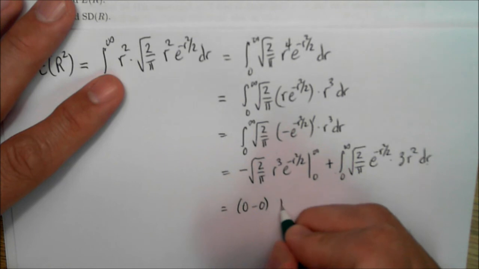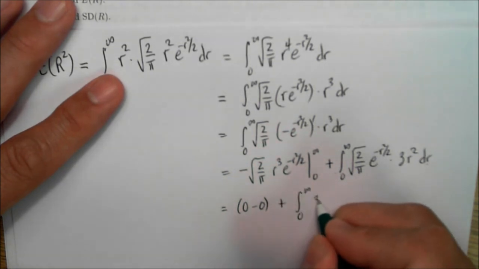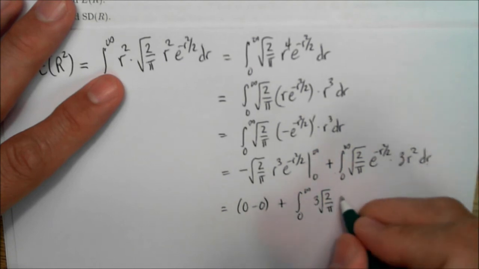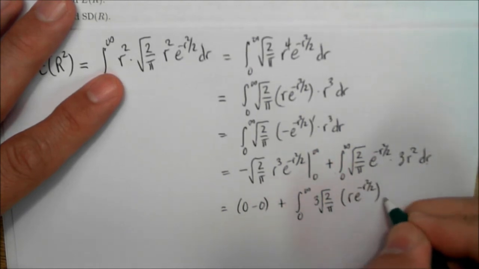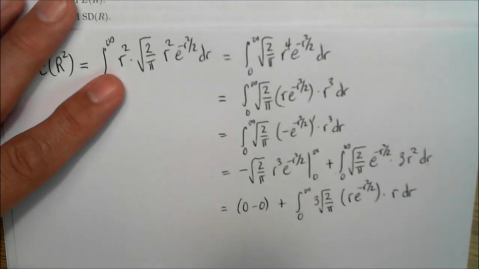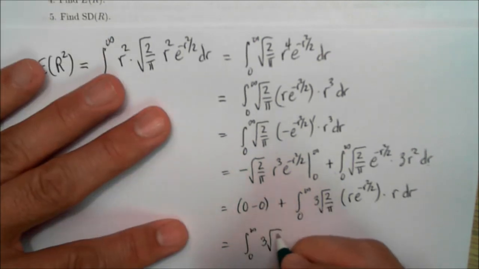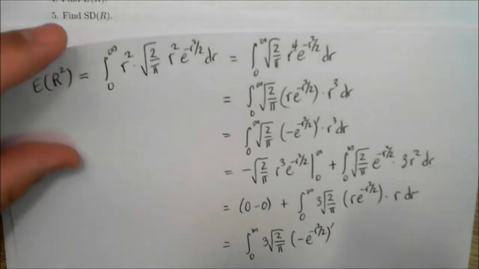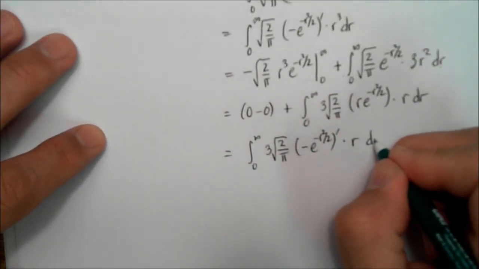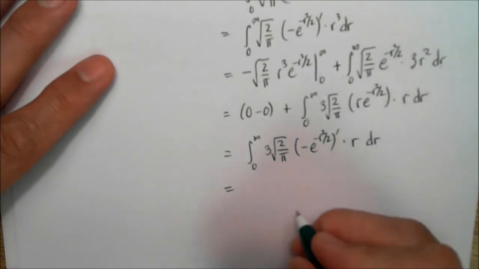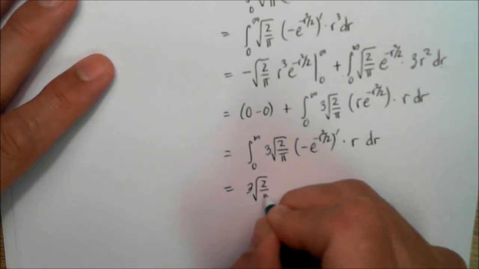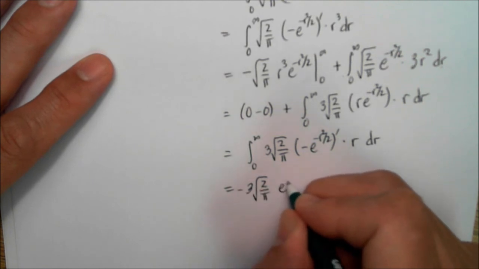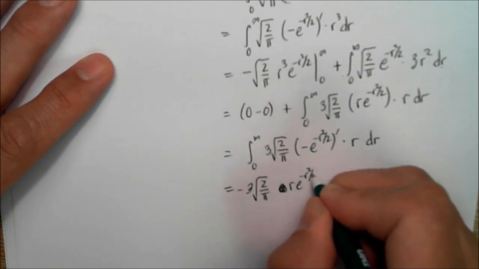This part I'll integrate by parts a second time. Integral from 0 to infinity, 3 times square root of 2 over pi times r e to the minus r squared over 2 times r dr. So as before, this is integral from 0 to infinity of 3 times the square root of 2 over pi, times negative e to the minus r squared over 2 prime times r dr. So that's equal to 3 times square root of 2 over pi times negative, well, let's put the r in front, r e to the minus r squared over 2 from infinity to 0.